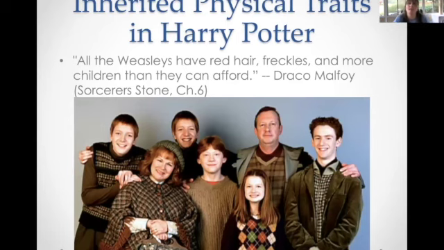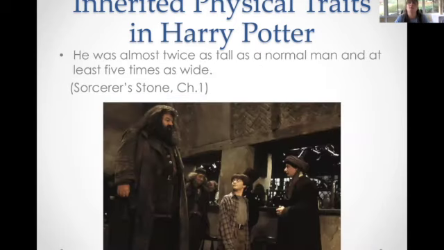So here we go. All the Weasleys have red hair, freckles, and more children than they can afford. The red hair and the freckles, totally genetic traits. The more children than they can afford, that's not a genetic trait. So for them, we are going to be looking at the red hair and freckles. He was almost twice as tall as a normal man and at least 5 times as wide.